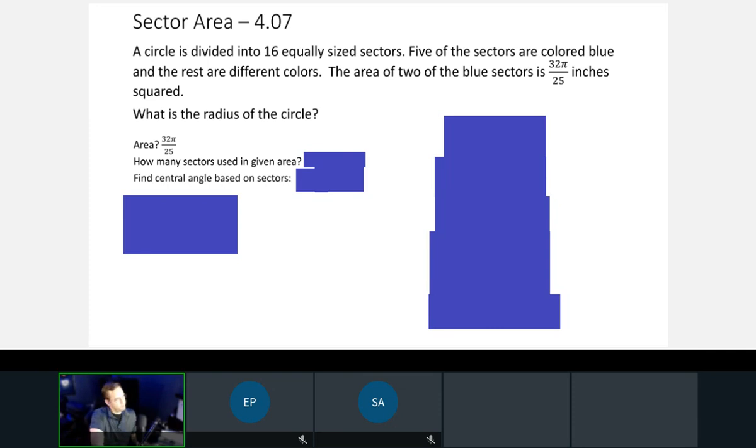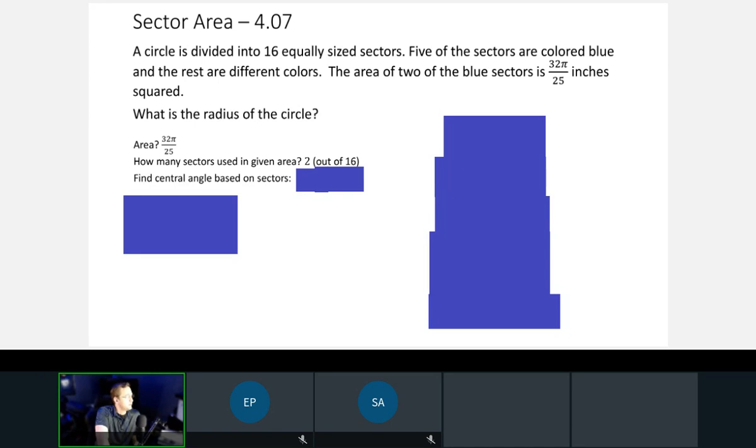Next, how many sectors were used to find this given area? It says two of the blue sectors were used, so I write down 2, and in parentheses, out of 16. So it's 2 out of the 16.